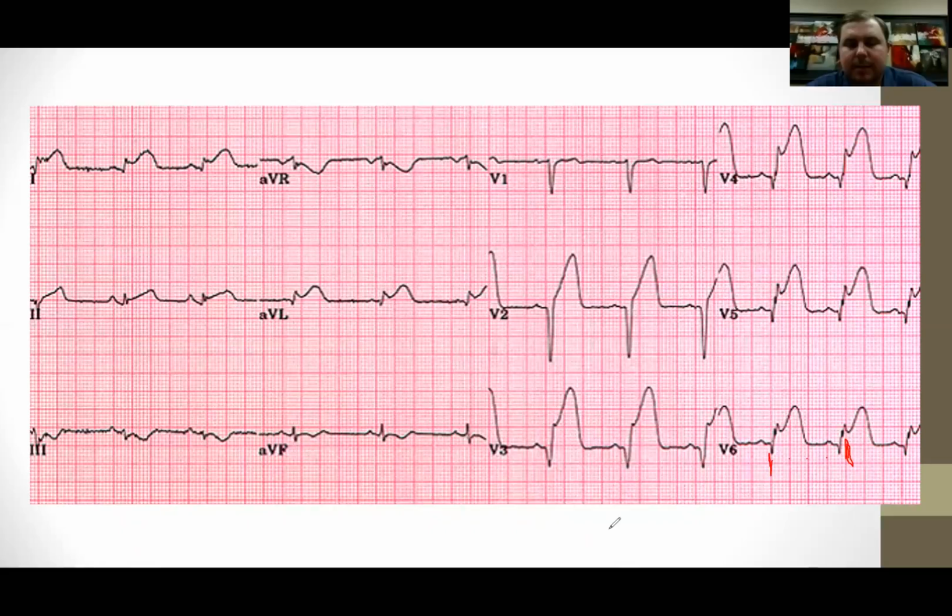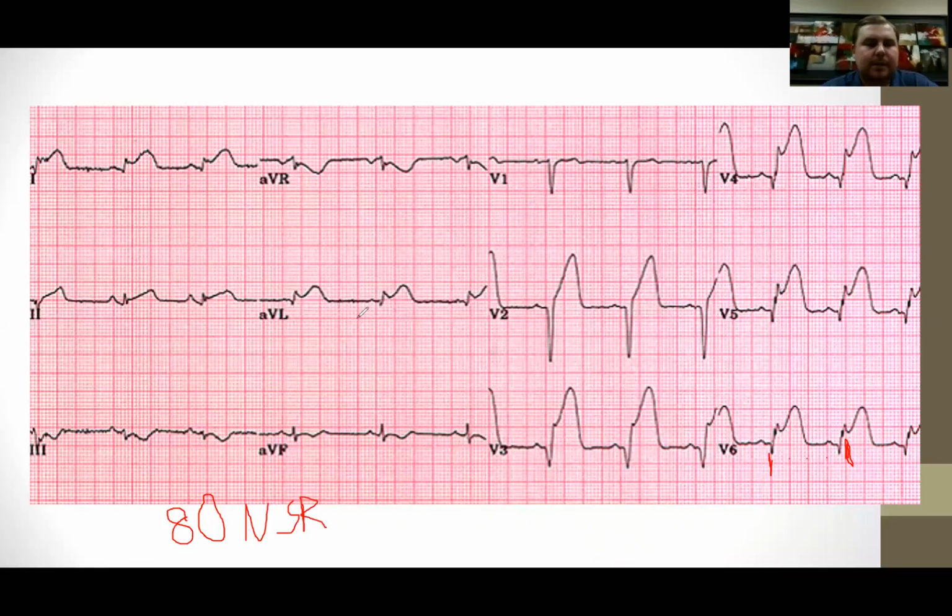So this rate's about 80 beats a minute. Next, I'm going to try to determine what rhythm we're in. It looks like we have positive P waves in all these leads except for aVR, and then normal looking P waves out in the V leads. So this would be normal sinus rhythm at a rate of 80.